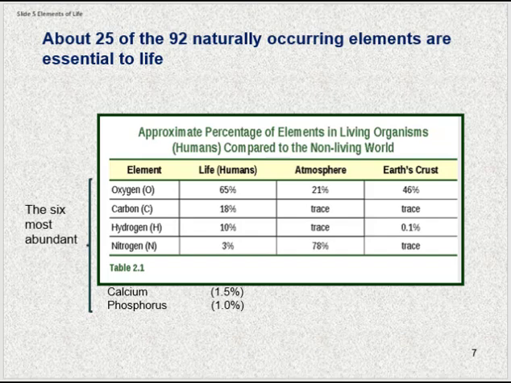In the non-living world, elements are found in different proportions, and some elements common to living organisms are relatively rare on the Earth as a whole. For example, the atmosphere is rich in nitrogen and oxygen, but it contains very little carbon and hydrogen.